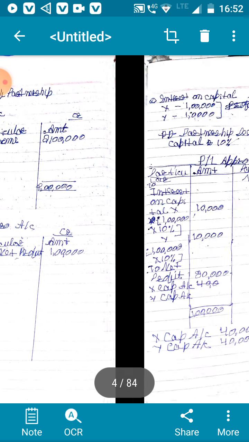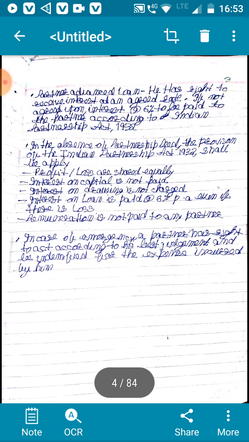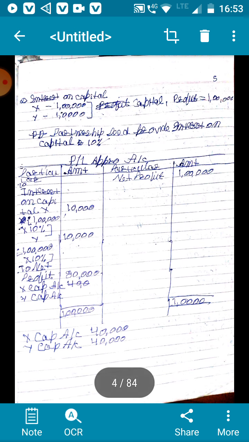Therefore, if a partnership deed is not providing the profit sharing ratio, it is assumed that profits and losses are shared equally. 80,000 divided by 2, because there are two partners, is 40,000 and 40,000. X capital account 40,000, Y capital account 40,000.